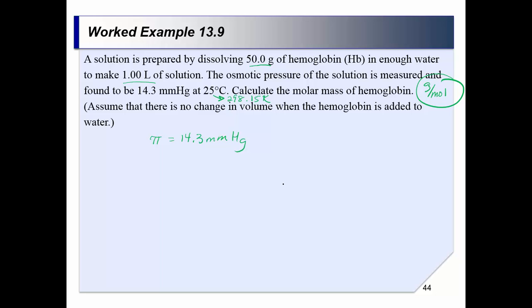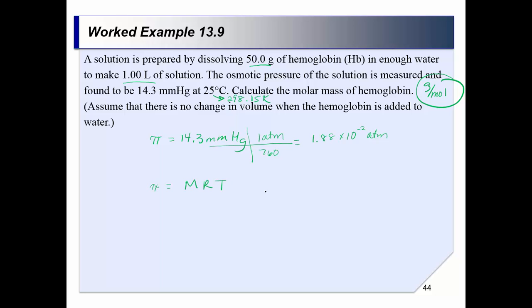Now we were given our osmotic pressure in millimeters of mercury. We need to convert that to atmospheres, because our R value is in atmospheres. So when I do that, I get 1.88 times 10 to the negative 2 atmospheres. Now remember that pi equals MRT.